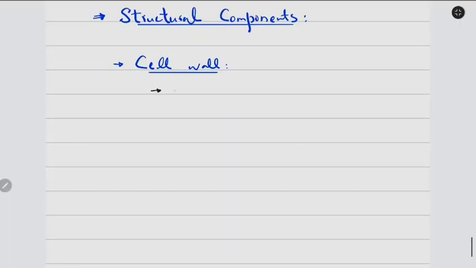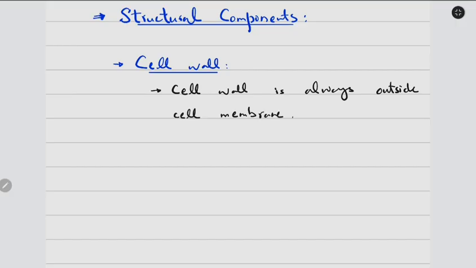This cell wall is always outside the cell membrane. The cell membrane is the major barrier. We will discuss in full detail what the cell membrane is made of. But outside the cell membrane, there is a cell wall.